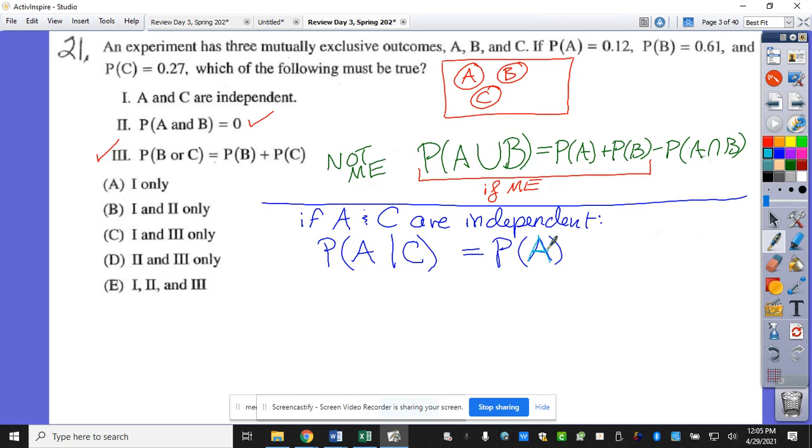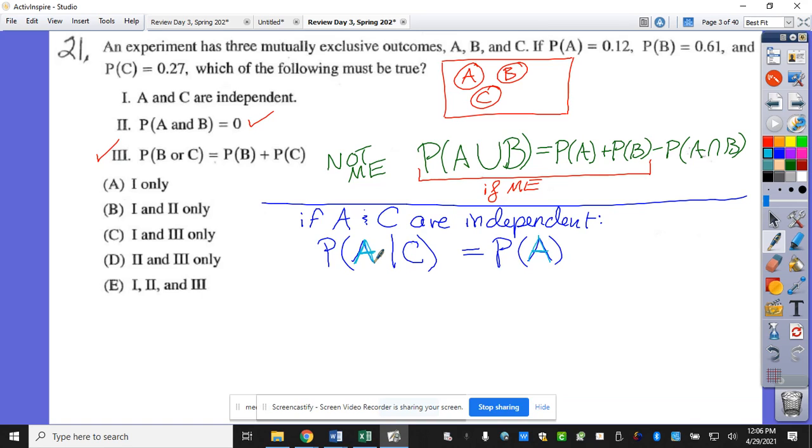The probability of me doing something is going to be the same as the probability of me doing something given that you did something else. I don't care what you did, I'm doing the same thing. This is a concept that you'll need. It is important, and you will see it.